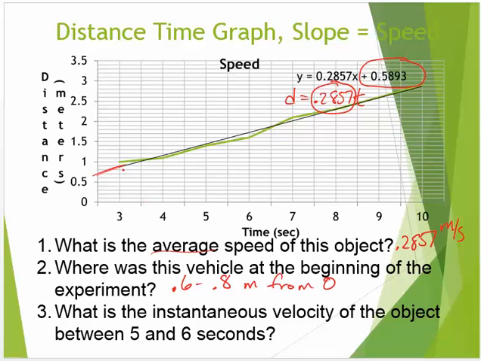As you can see, between 3 and 4 seconds, there's a certain slope. Between 4 and about 5.5 seconds, there's a different slope. Between 6 and 7 seconds, there's a different slope, and then the slope drops between 7 and 8. The slopes are representative of how fast a person is going because the slope is the speed.